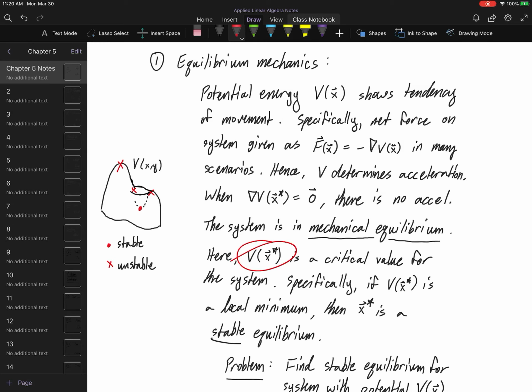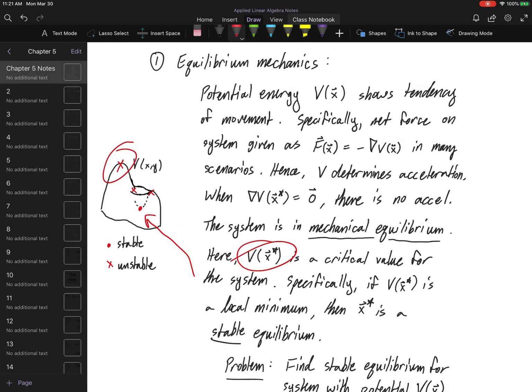In particular, if that critical value is a local minimum for the system, like it is over here in the diagram, then x star is going to be called a stable equilibrium. If I can't move out of that well while going downhill, that's what that means.